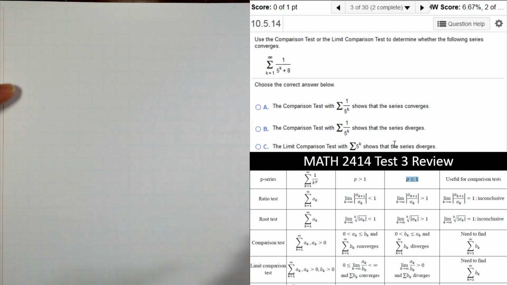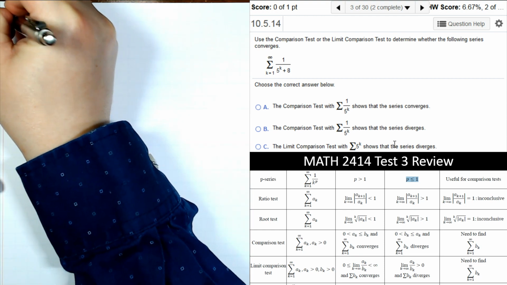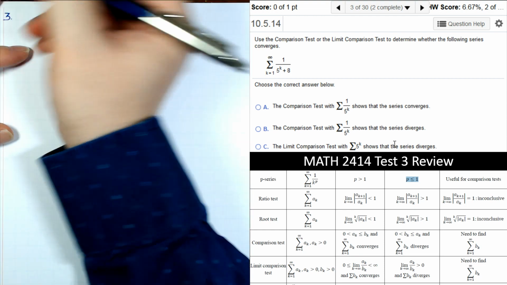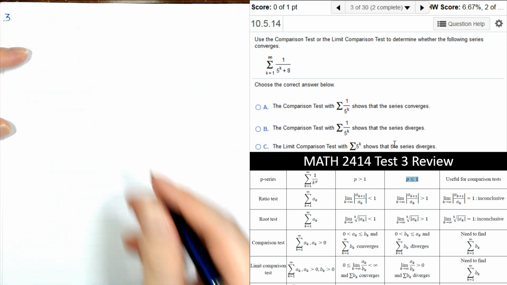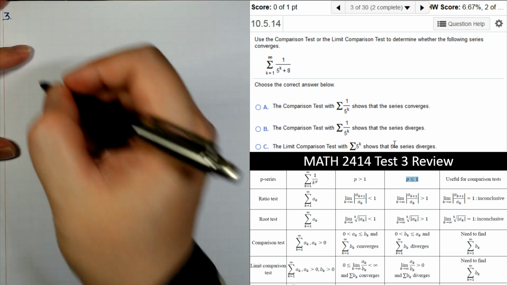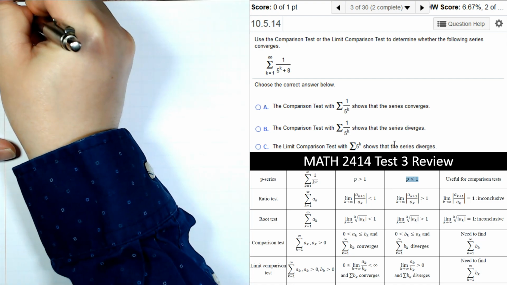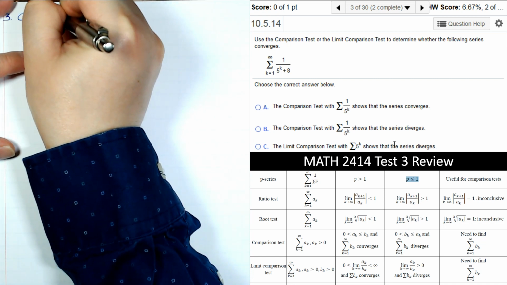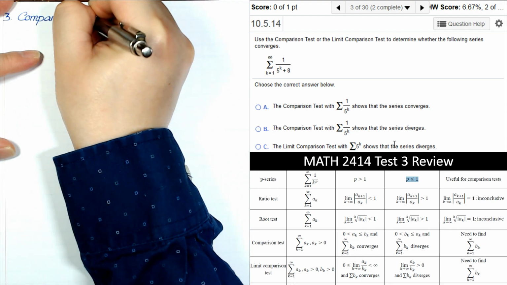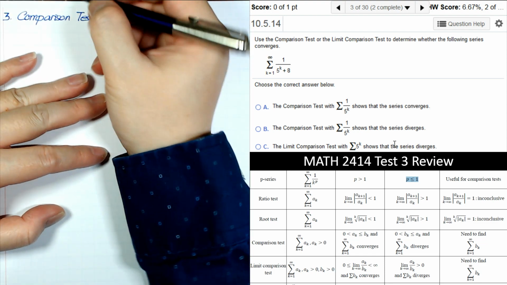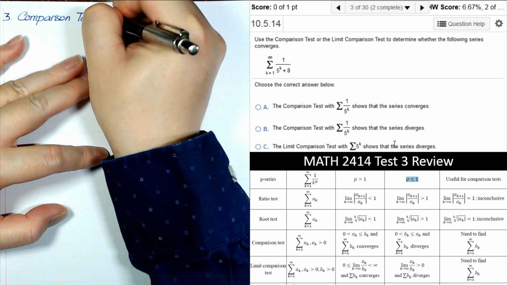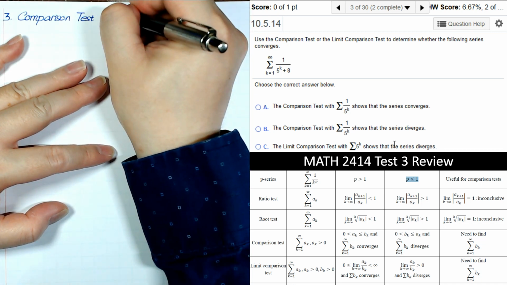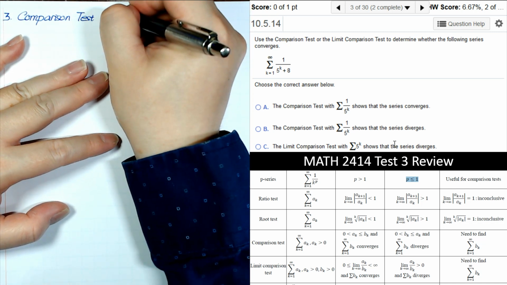Right, number 3. Again, we use either comparison test or limit comparison test. I said I prefer the limit comparison test because it has more use than the standard direct comparison test.